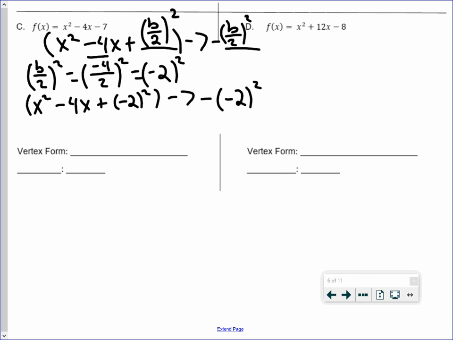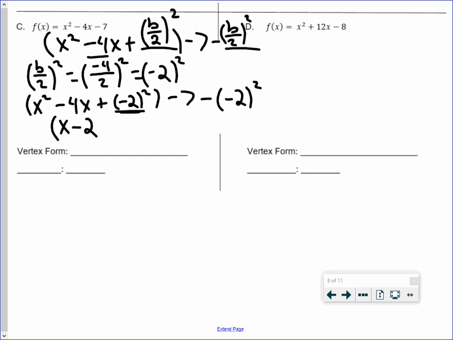So from here, let's figure out what our binomial squared is going to be. Remember, the x squared minus 4x plus the -2 squared is a perfect trinomial, so we can turn it into a binomial. What it's going to be is x plus the b divided by 2. In this case, b is -2, so we have x minus 2, right?